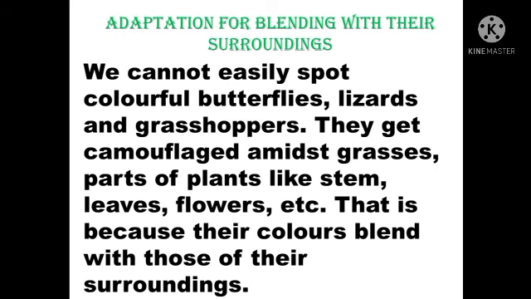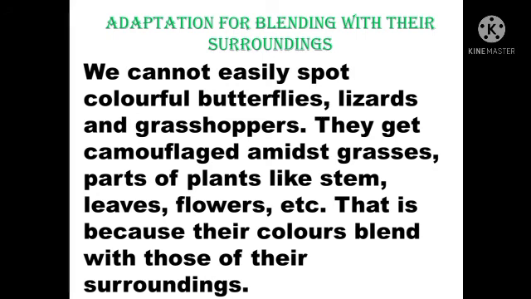Let's see. We cannot easily spot colorful butterflies, lizards and grasshoppers. They get camouflaged amidst grasses, parts of plants like stem, leaves, flowers, etc. That is because their colors blend with those of their surroundings.